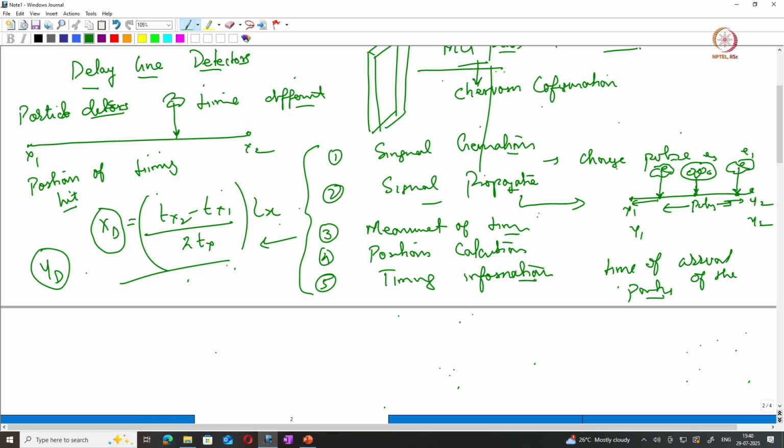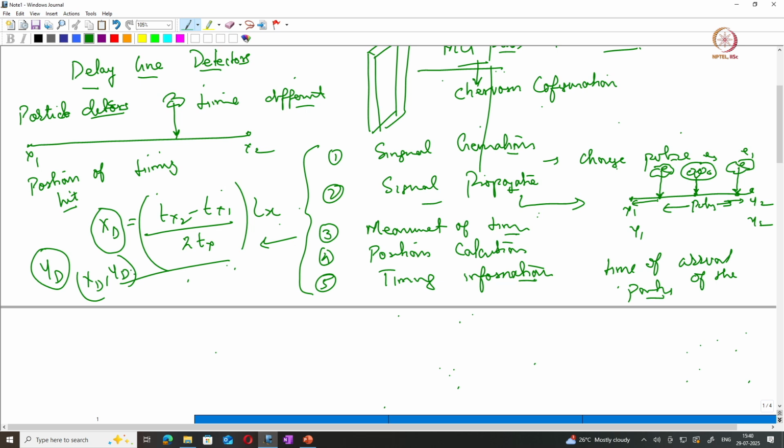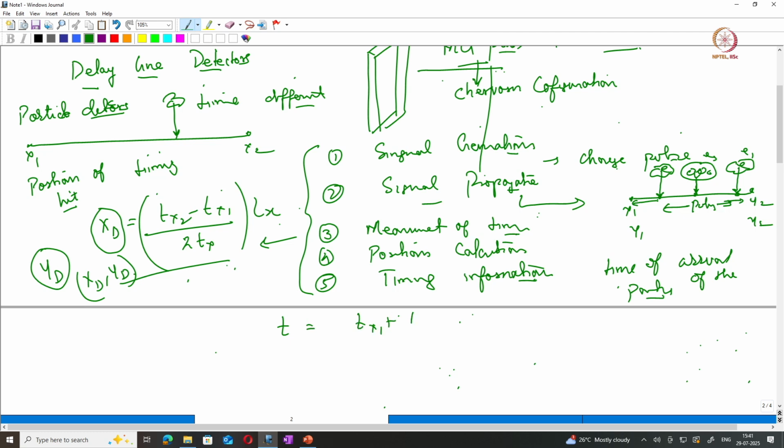So you will have a coordinate of xd and yd at the cross section. Correct. So this is how it is measured. DLDs are used for the measurement. The timing information, the average time of flight, can be given as (Tx1 plus Tx2 plus Ty1 plus Ty2) divided by 4.